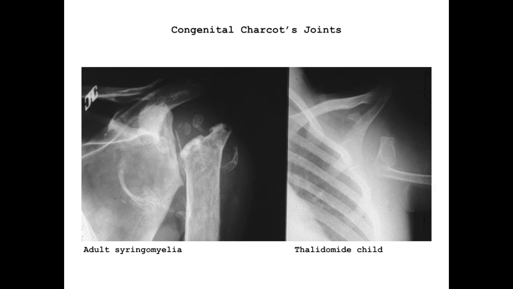Adult Charcot's joints, like the one on the left, occur in long-standing sensory peripheral neuropathy. This can be due to diabetes, syphilis, leprosy, syringomyelia, and other conditions. That neuropathic joints occur in thalidomide embryopathy, as on the right, is evidence that there has been sensory nerve damage in the early embryo.